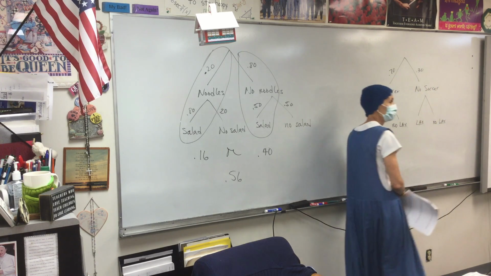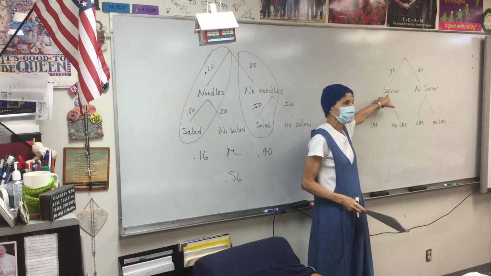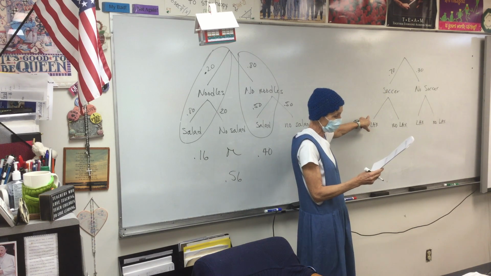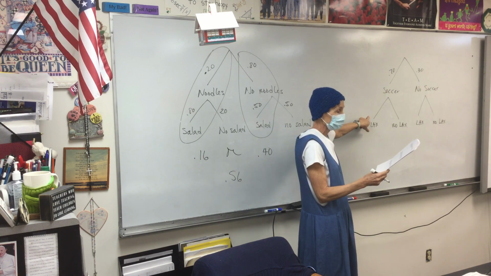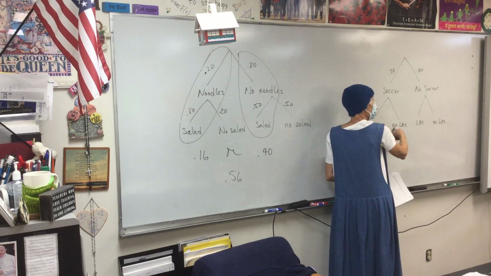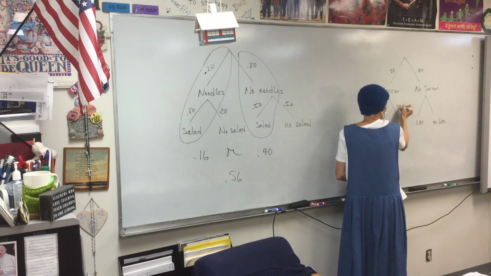All right, everybody good? All right, let's fill in these numbers. If I play soccer, what's the probability I will do lacrosse? 62. Which means no lacrosse would be 38.